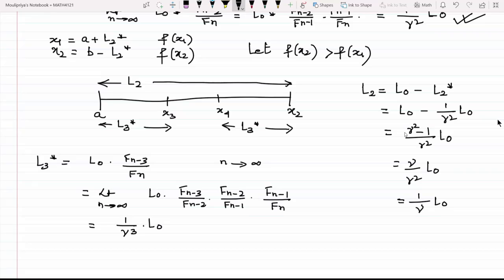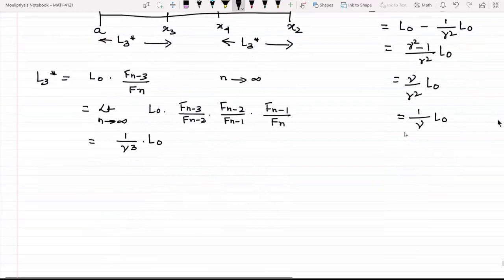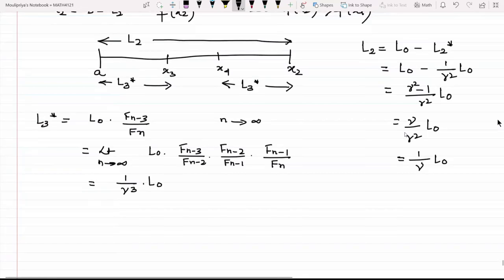Again, we need to find out what X3 is. X3 would be A plus L3 star, and X4 would be B minus L3 star. Then obviously either we would be eliminating A to X3 or we would be eliminating X4 to B, depending upon the values. The new interval of uncertainty would be L3. Am I correct?